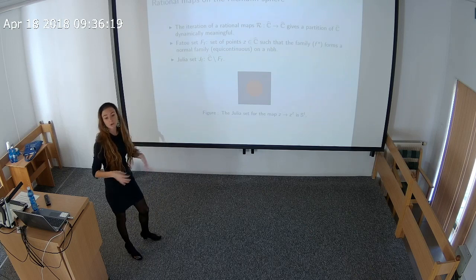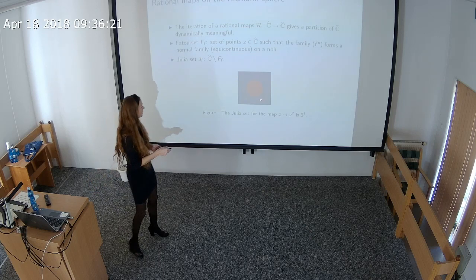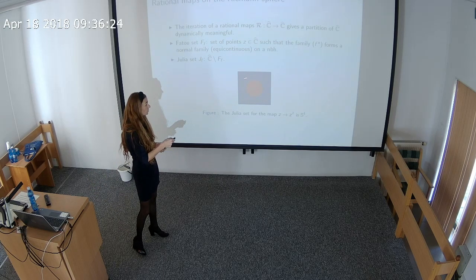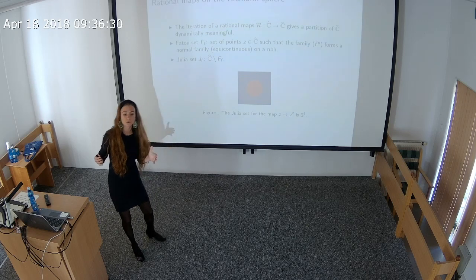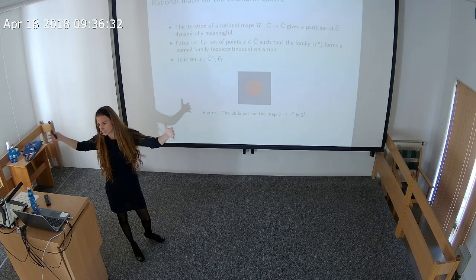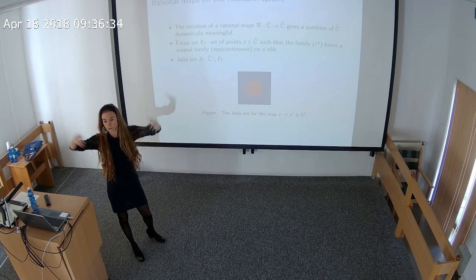If you look at all the points that live outside the closed unit disk, when you iterate zeta to the square, their modulus will grow bigger and bigger, and they will eventually go to infinity.